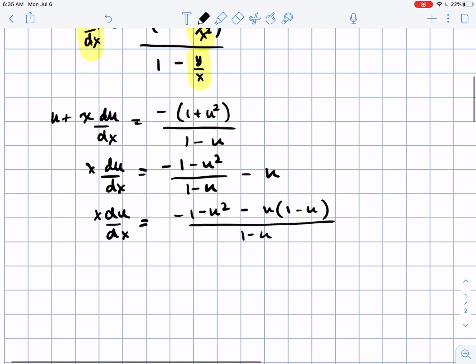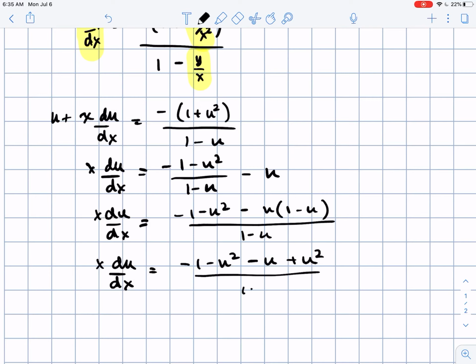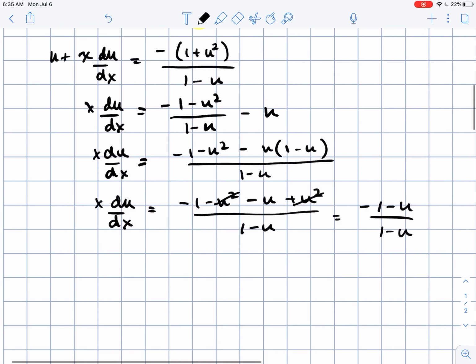Again, with your algebra, just make sure you're doing okay here. So we have negative 1 minus u squared minus u plus u squared over 1 minus u, okay? And we then are left with the u squared terms canceling, so you have negative 1 minus u over 1 minus u. Do not cancel that out, that is not the same thing.